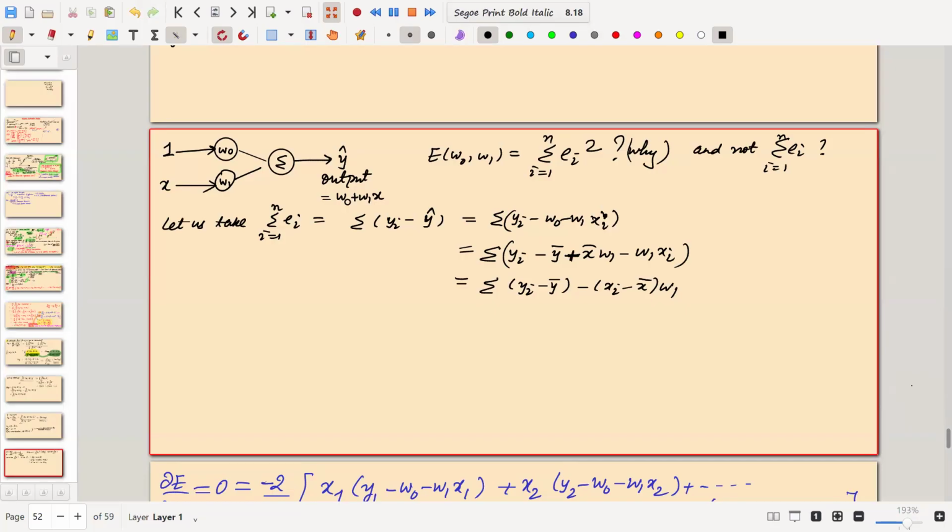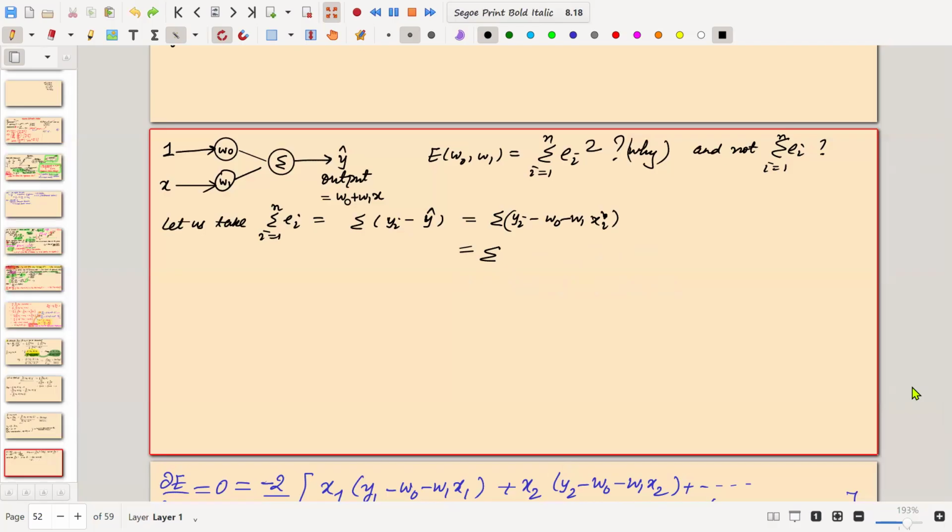Is it plus x bar? Minus of xi plus x bar. Okay. Right.